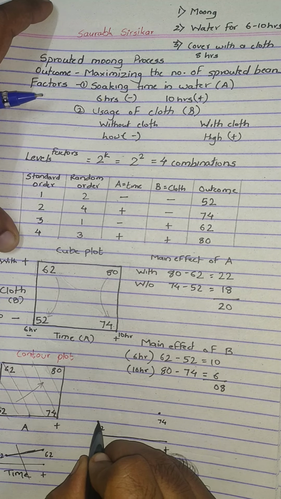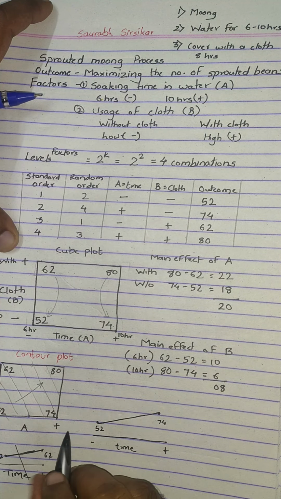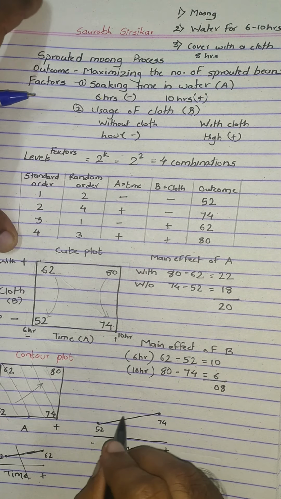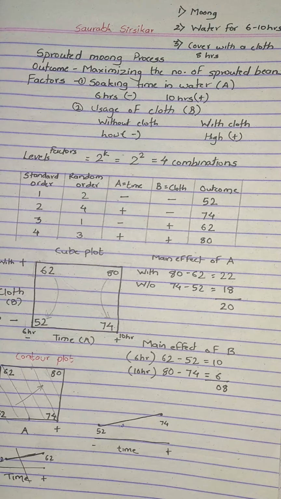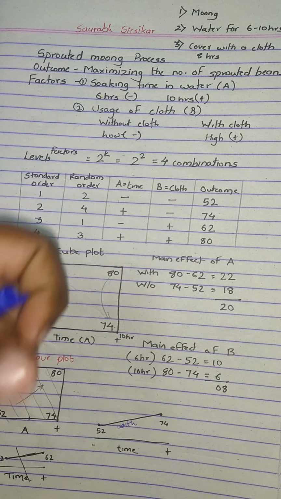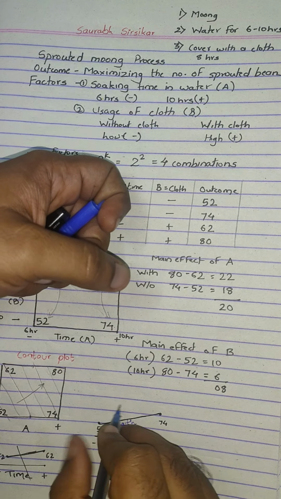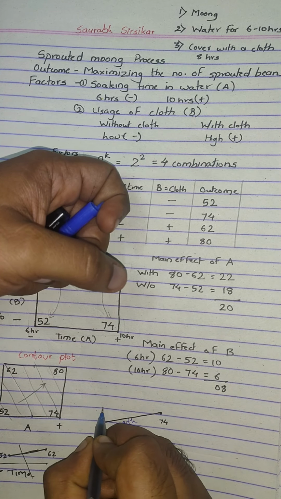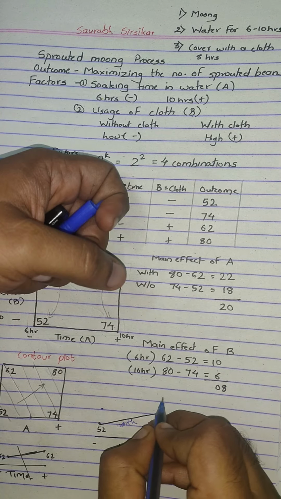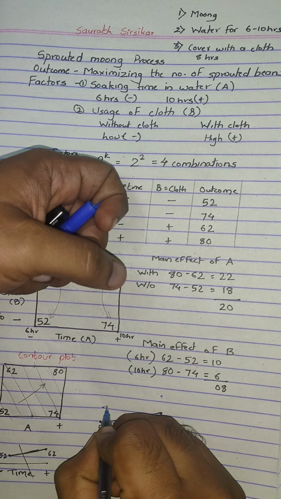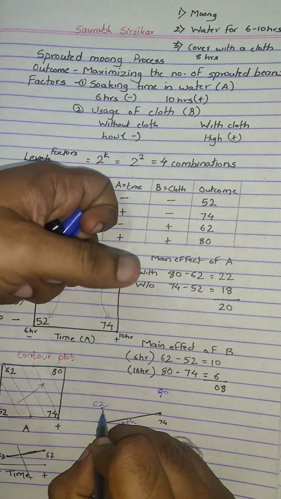So if I draw a line to connect these, this is the line for with cloth. Similarly, if I plot for without cloth, it is 62 at lower level and 80 at higher. So I draw it with the blue line.